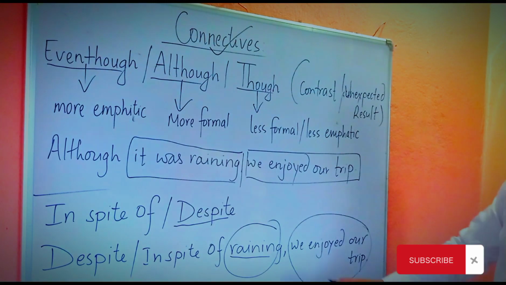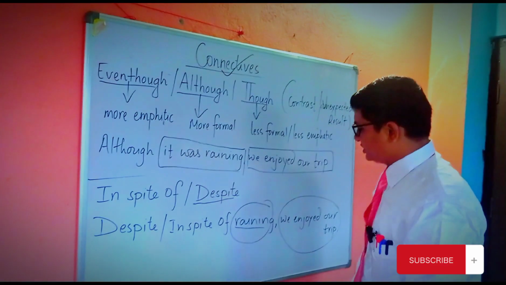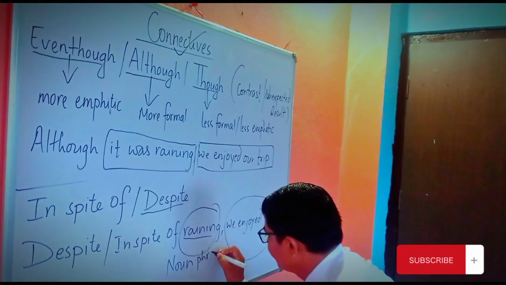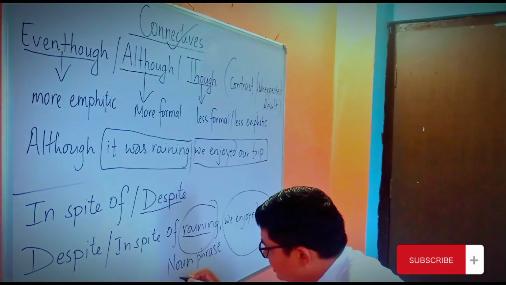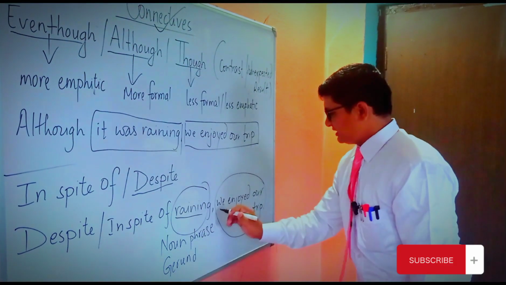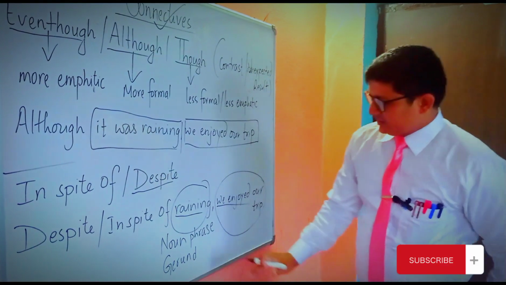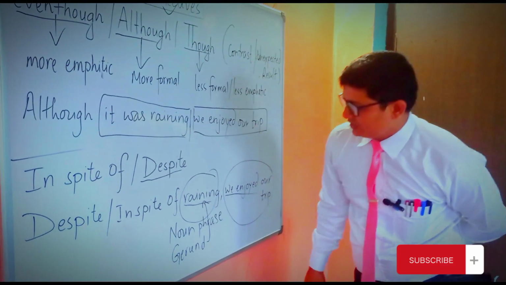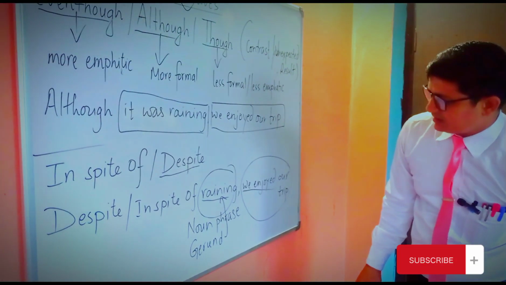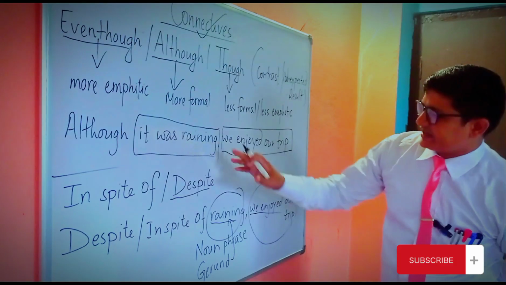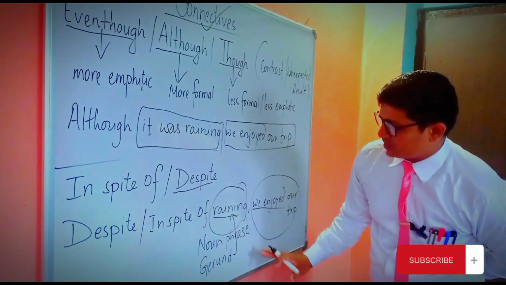After despite and in spite of, there is no clause, there is noun phrase or gerund. Then another clause comes there. So raining here is gerund. When there is verb form, that is gerund. Look, there is no e towards raining. There is no full clause.